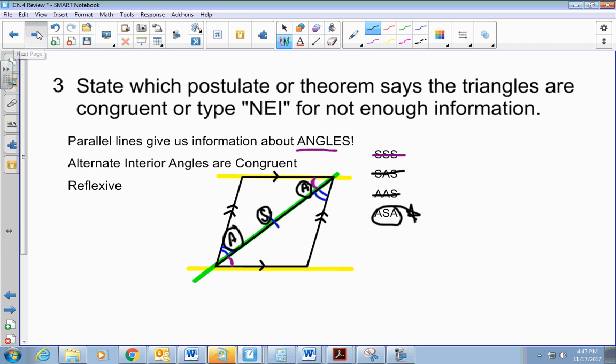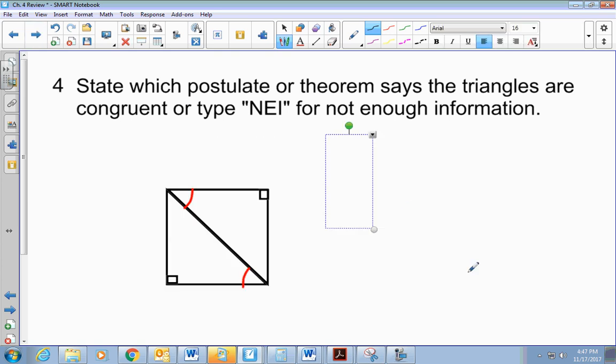Number 4. State which postulate or theorem says the triangles are congruent or not enough information if there is not enough information. So we are given that these two angles are congruent.